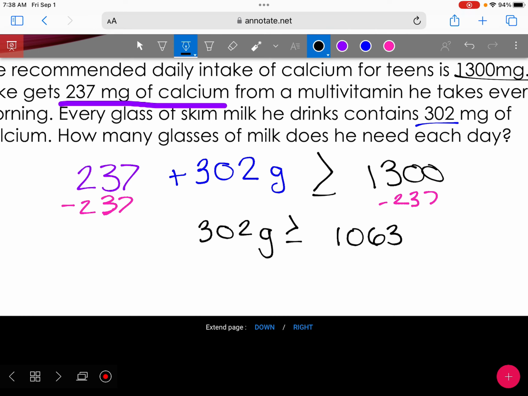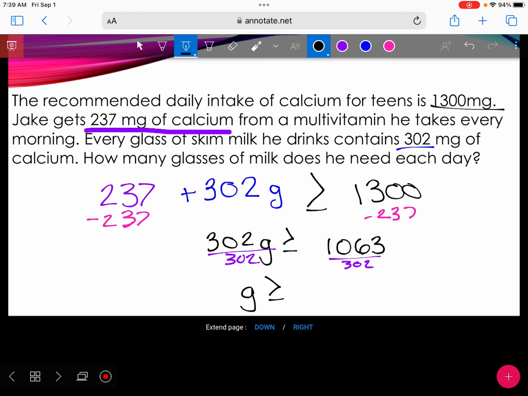Divide by what? 302. I'll write it small. So we get that G needs to be greater than or equal to what? What is our G greater than or equal to? 3.52.